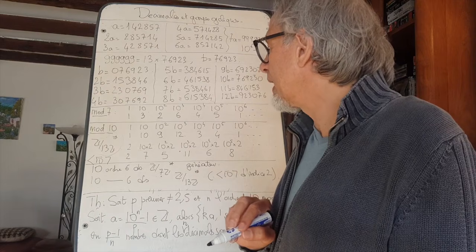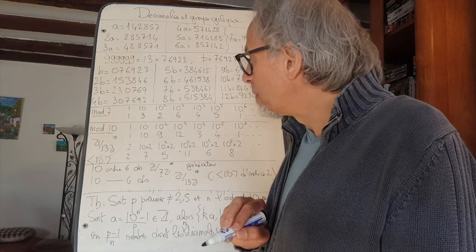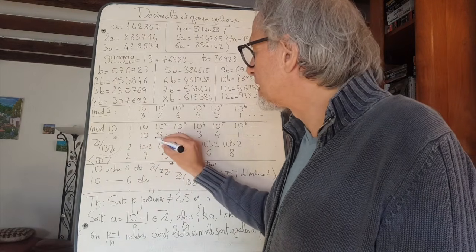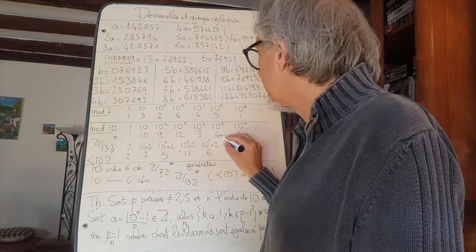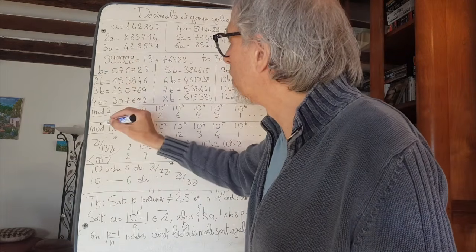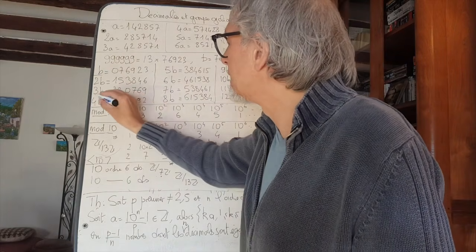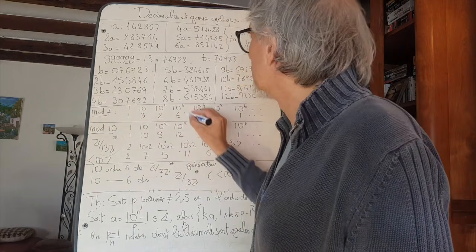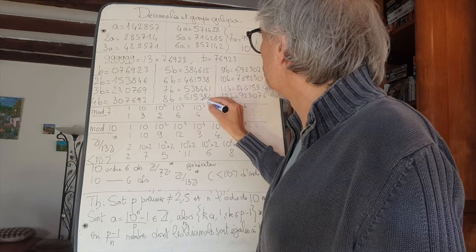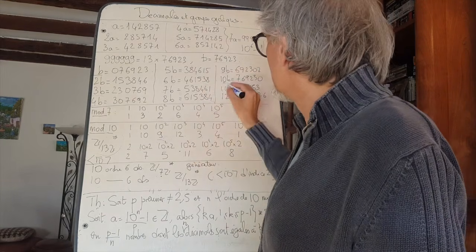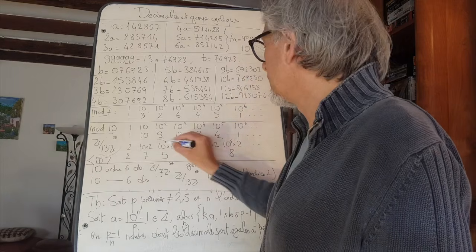Well, look, that's good, because 1, 10, 9, 12, 3, 4 corresponded exactly to 1/13. Look here, 3, bingo; 4, bingo; 9, bingo; 10, bingo; 11, no; and 12, bingo.